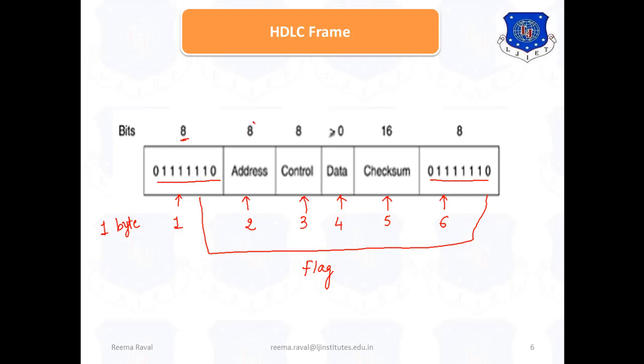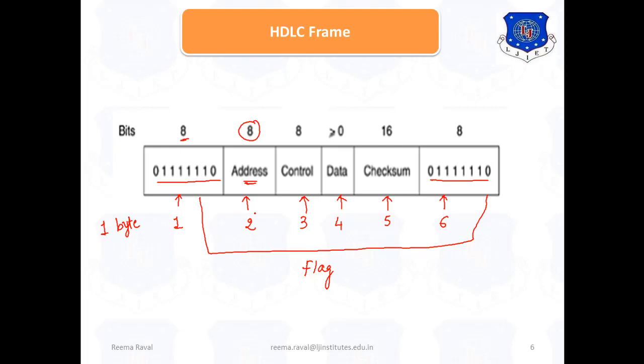Now the second field is again of 8 bits, that means 1 byte, which is the address field. Here the address of the destination is attached. It contains the address for the receiver. So if the frame is sent by the primary station, it contains the address of the secondary station, and if it is sent by the secondary station, it contains the address of the primary station.